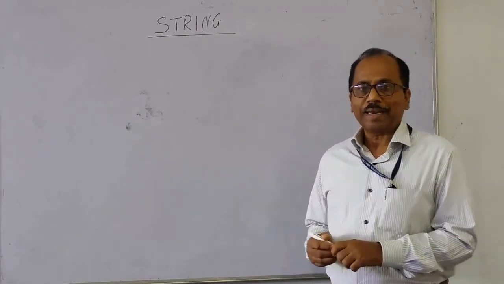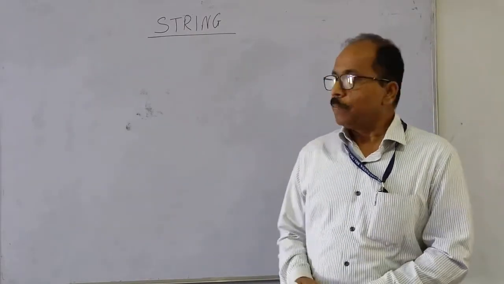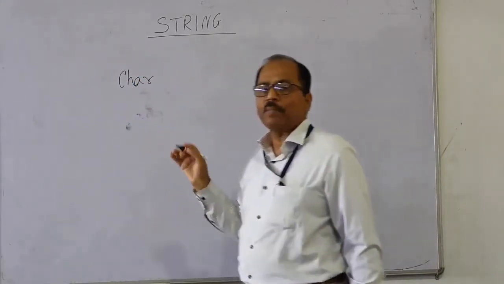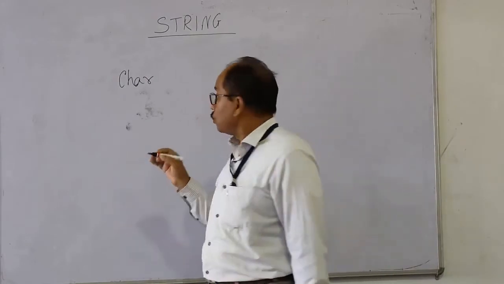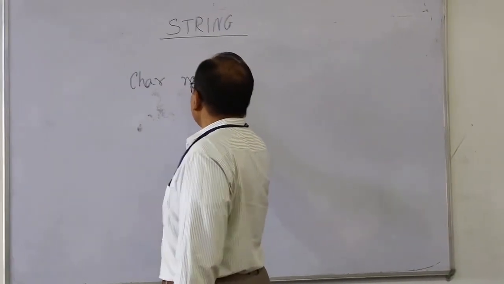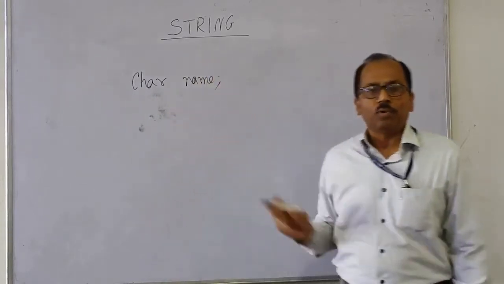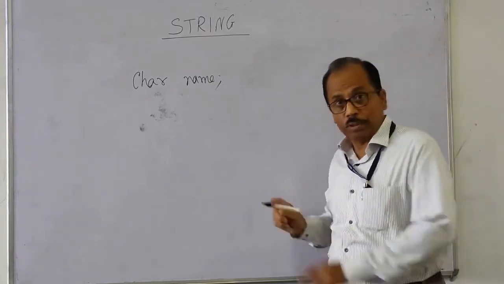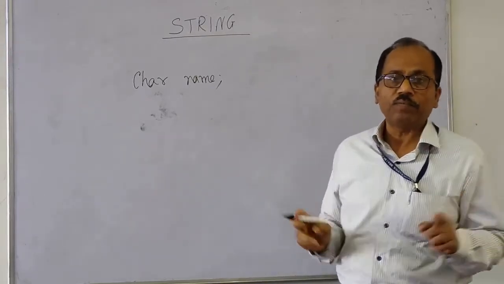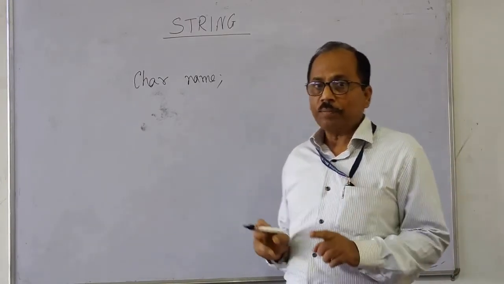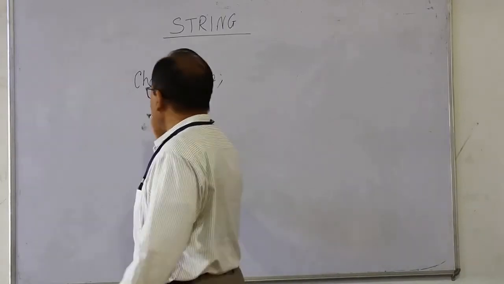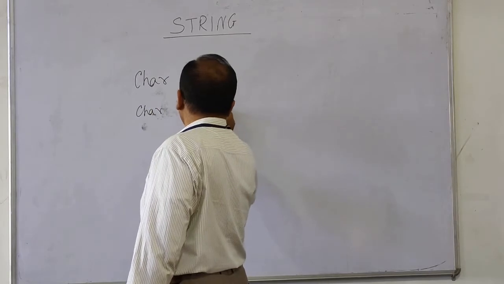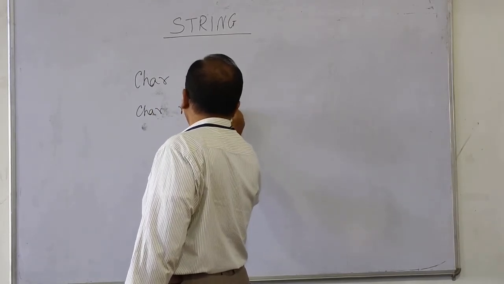Let's see. A character is declared simply with the type char and any variable name which we want, suppose name. The name variable will contain only one character, whereas if you have to store the entire set of characters of your name, then you have to declare it in this manner: char name1[20].